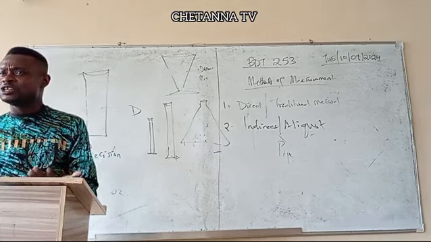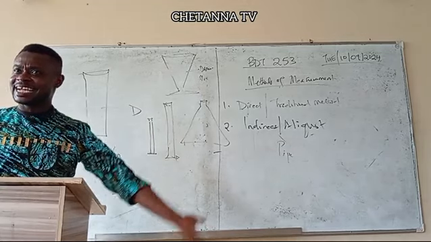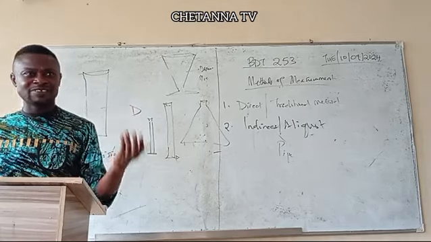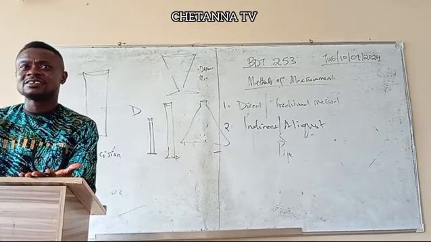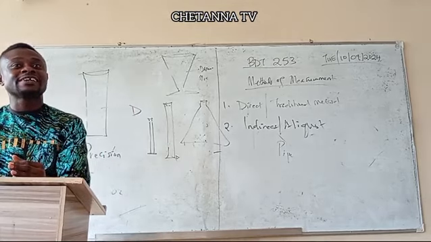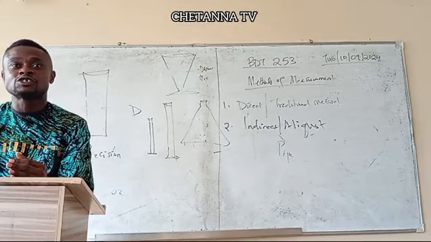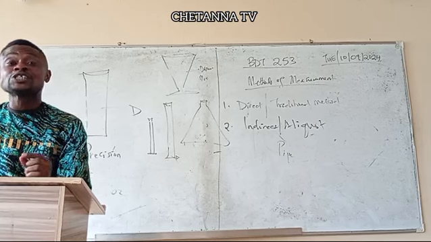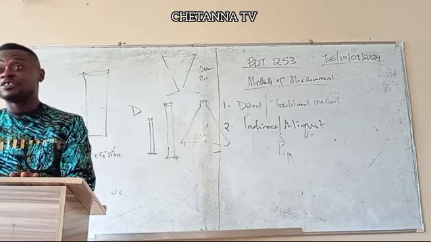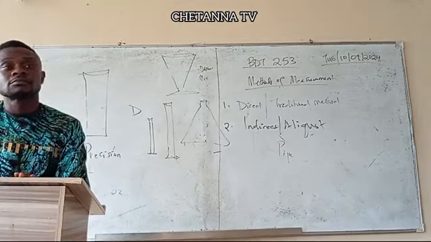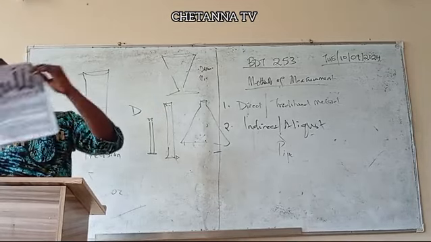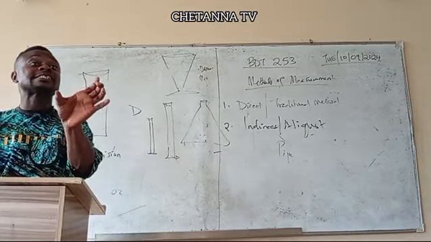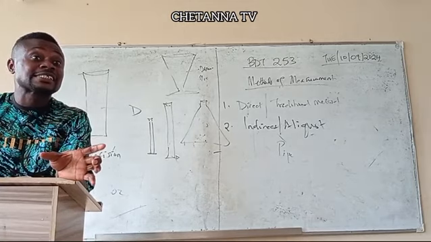Which one should be in the right hand pan and which one should be in the left hand pan? You know this now. Which one should have the weights and which one should have the ingredients? What do you say about the weights?